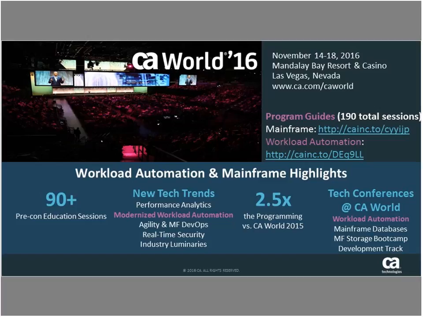We are running a tech conference at CA World this year, so go on out there and have a look at the different sessions. I think there are upwards of 56 sessions that are specific to CA Workload Automation. We are in the Mainframe and Workload Automation Content Center, and looking forward to bringing you quite a good tech conference at CA World.